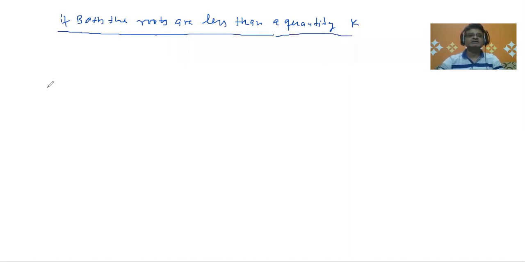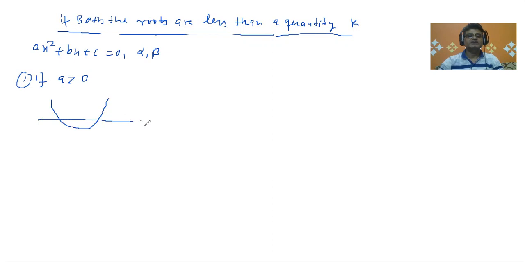In this case, let this equation be ax square plus bx plus c equals 0, whose roots are alpha and beta. First case, if a is greater than 0, then the quadratic equation will represent this. Let this be the x-axis, this root is alpha and this root is beta. Suppose a quantity k is here.